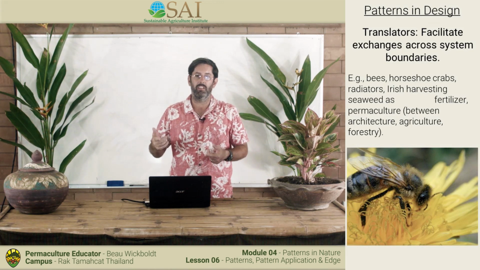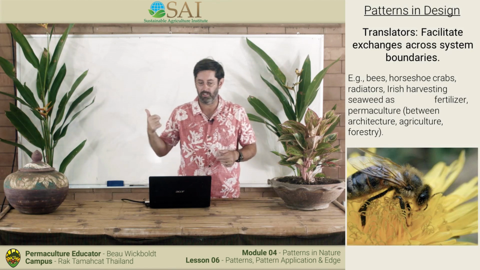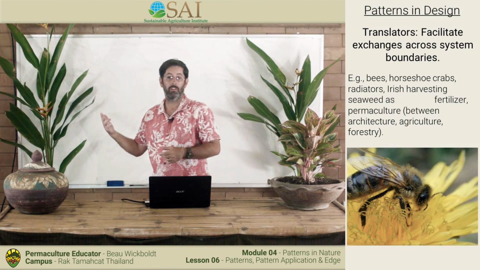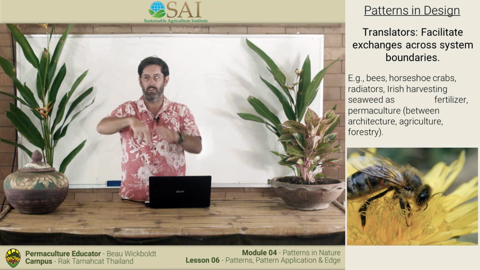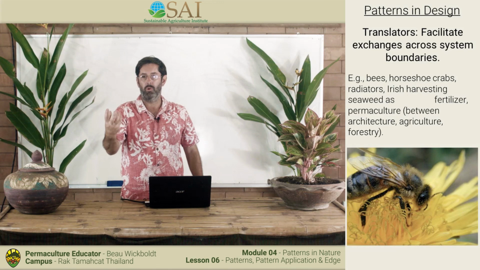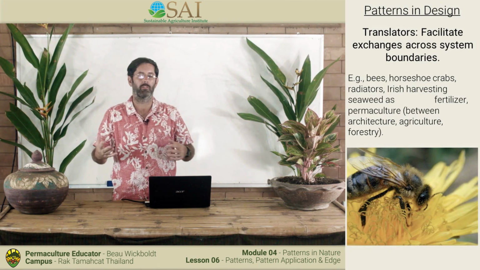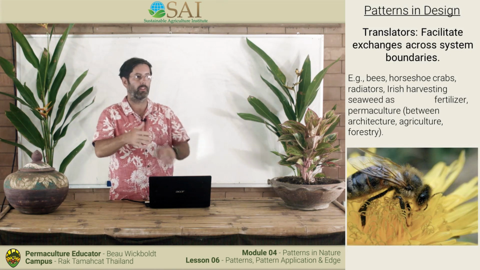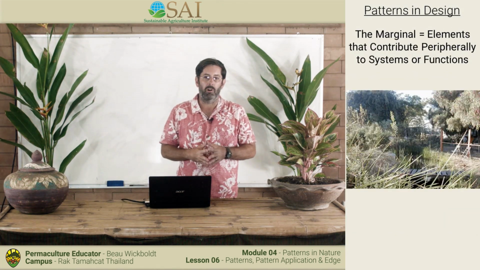Permaculture could be seen as the interaction or the overlap between architecture, agriculture, forestry. So where those individual disciplines overlap, could that be the description of permaculture? That more dynamic system than each one individually. So this is where we want to make things overlap and we get more than each thing individually.